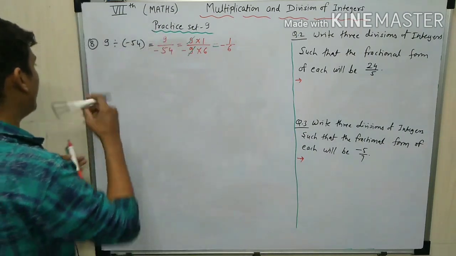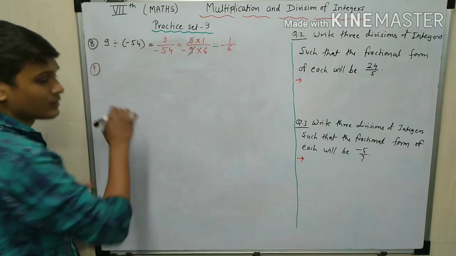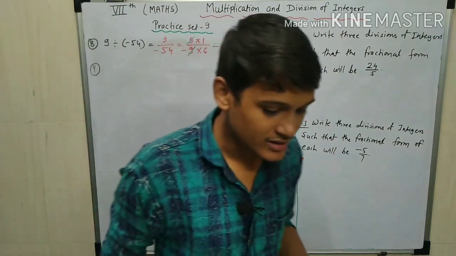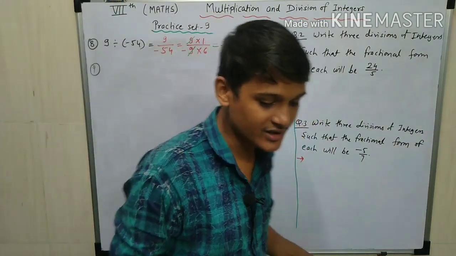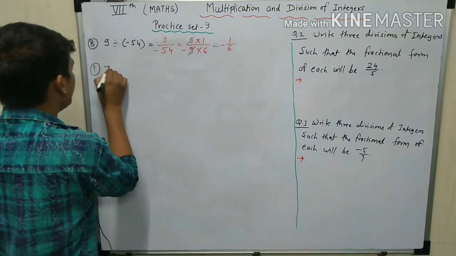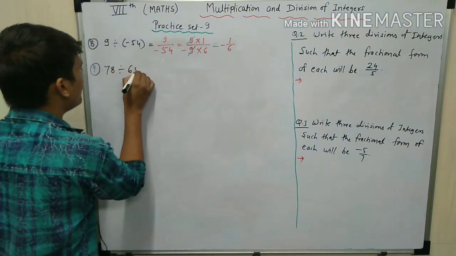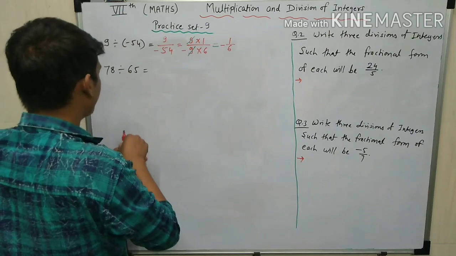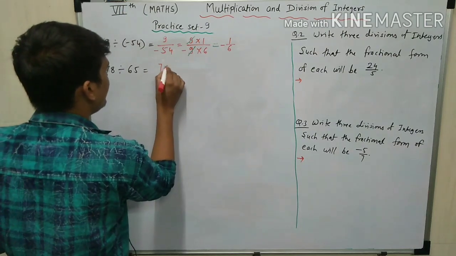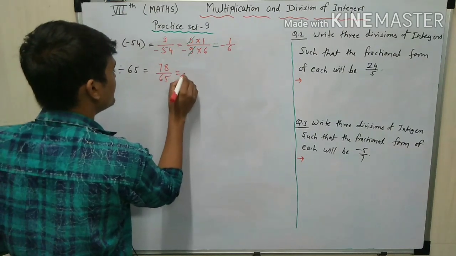Now question number 9 is 78 divided by 65. 78 divided by 65 is equal to, we can write here 78 upon 65. Which table?